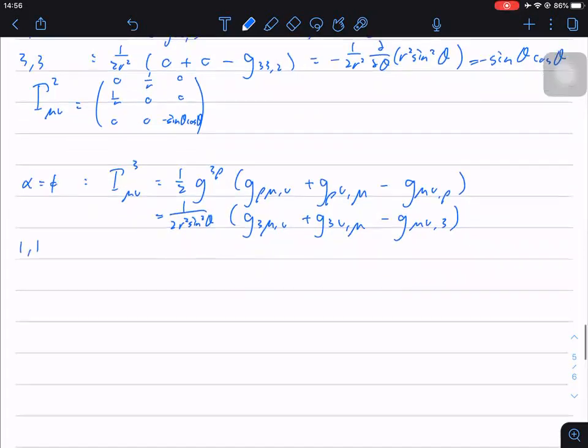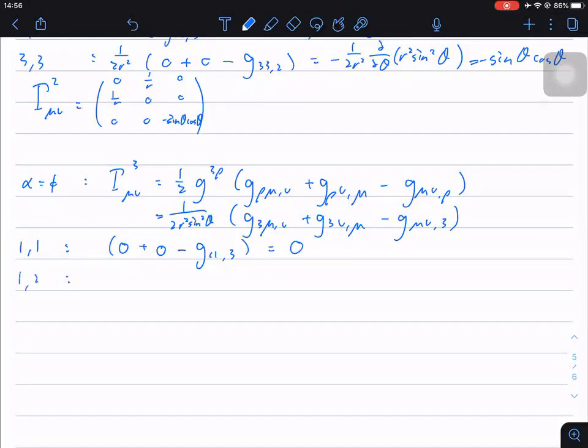One term. We have 0. Let me drop the first item, I don't want to copy 1/2 r squared sine squared theta so many times. 0, and this one is also 0.